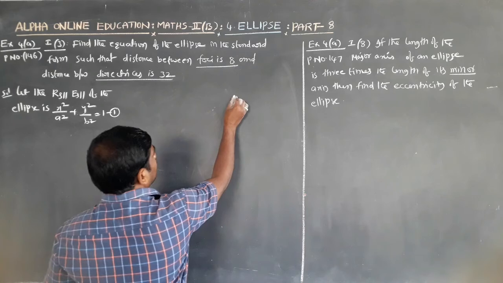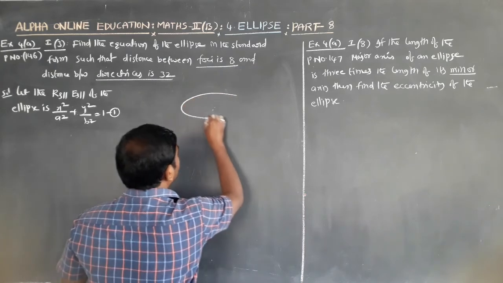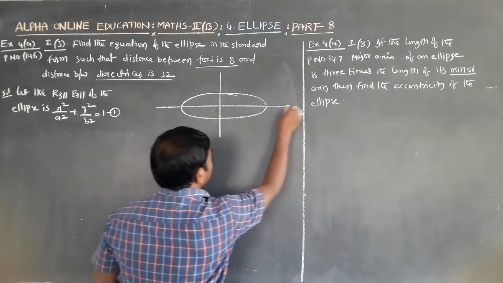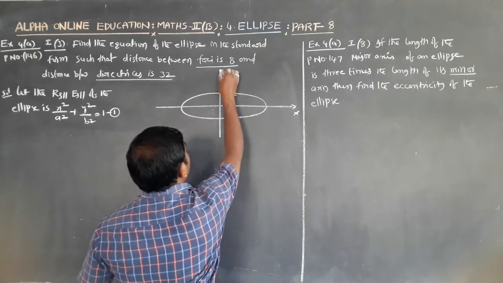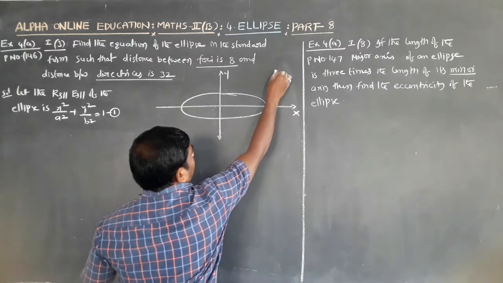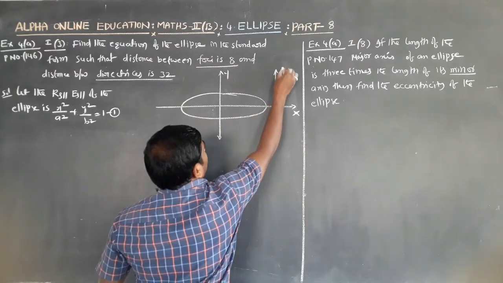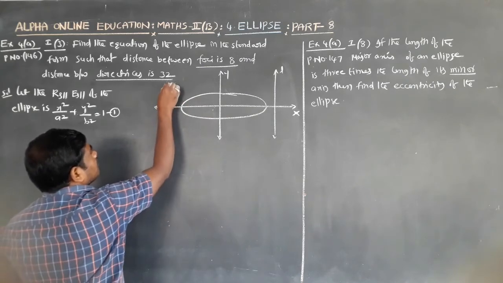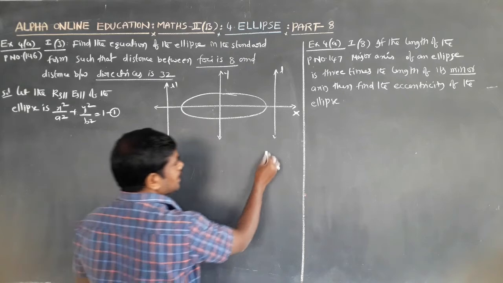First of all, we draw the diagram of the ellipse. This is the x-axis, this is the y-axis, this is the equation of the directrix L. This is the equation of the directrix L dash.